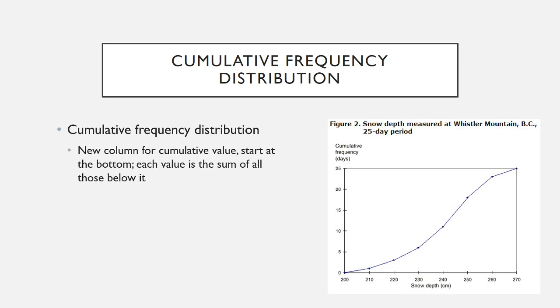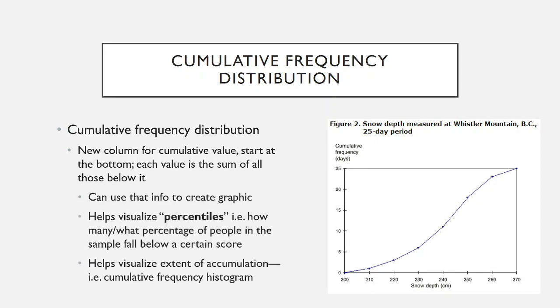Essentially, this is tacking a new column onto the frequency distribution where you create what's called a cumulative value. Cumulative means the sum of, so the value as you ascend up through that cumulative frequency column is going to be the sum of that value and all the values beneath it.